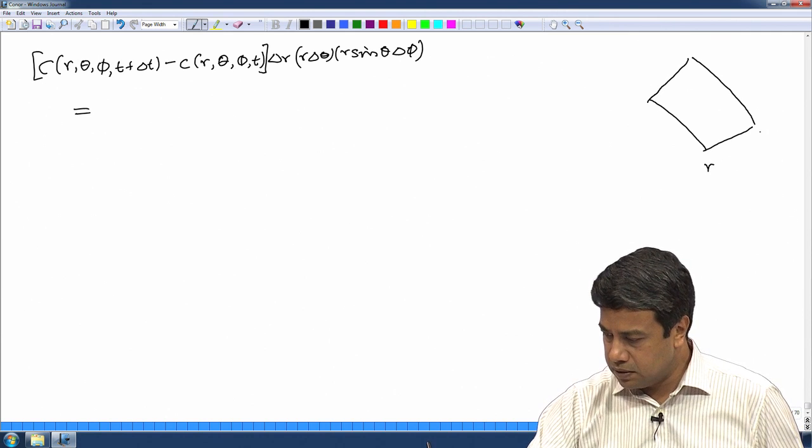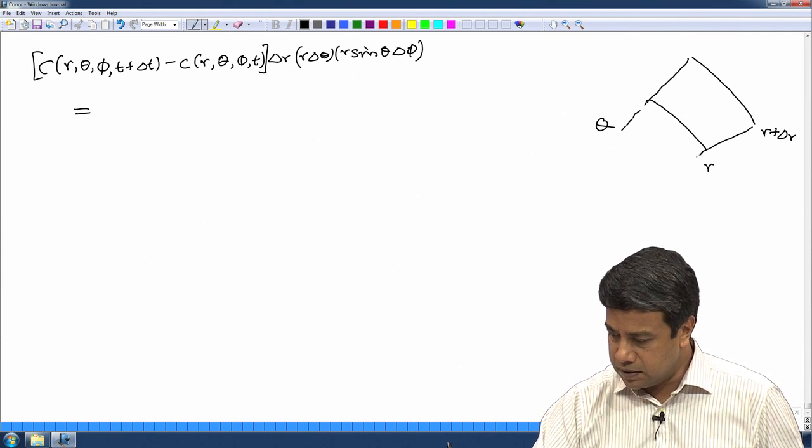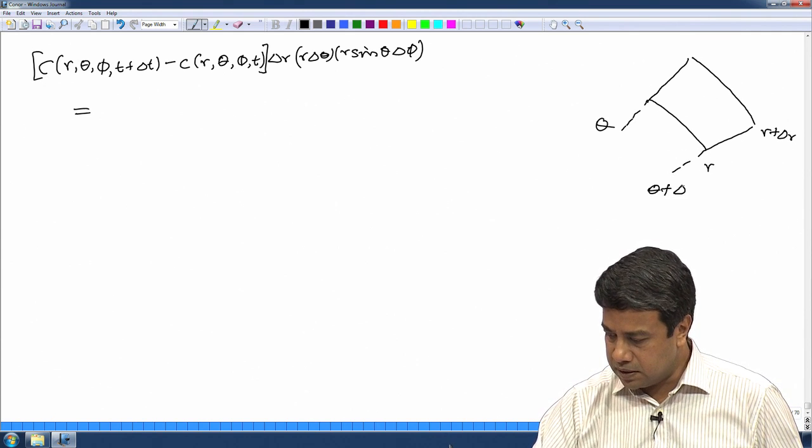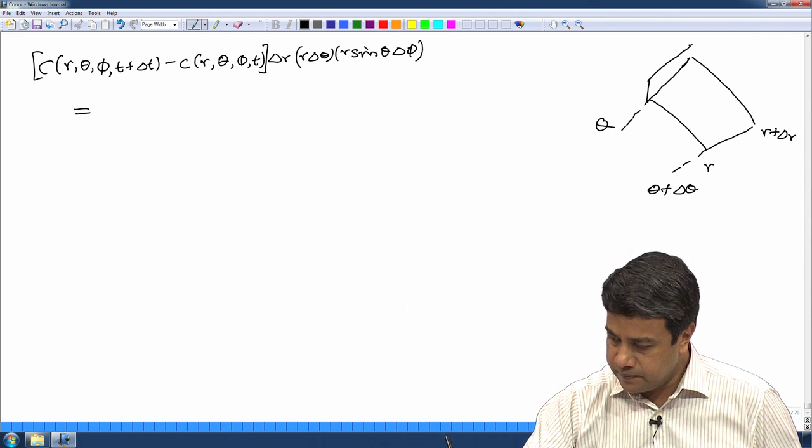This is r plus delta r, this is theta, this is theta plus delta theta, and the phi coordinate is perpendicular to both of these.